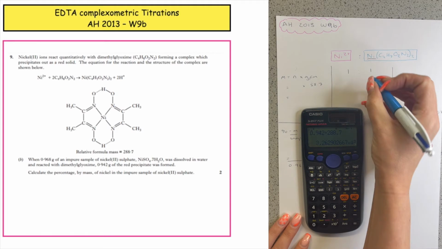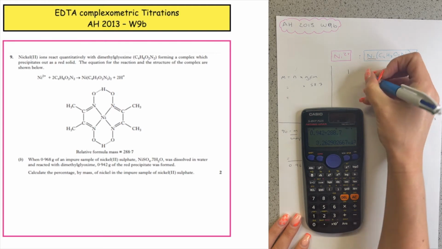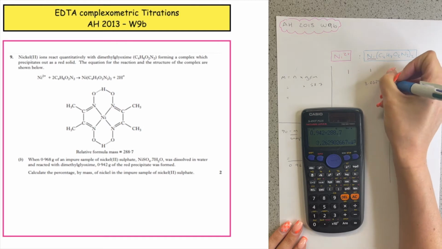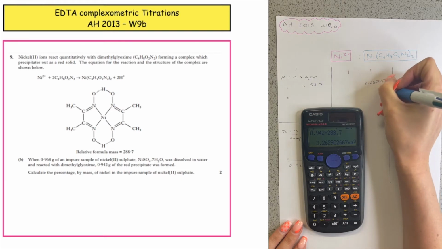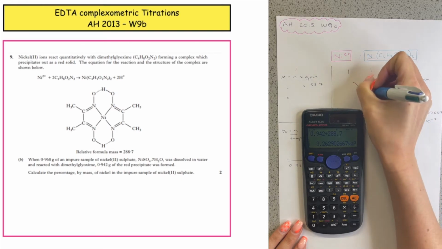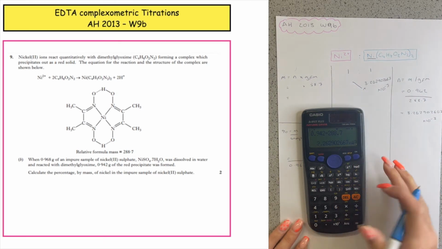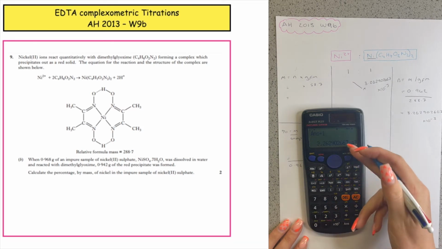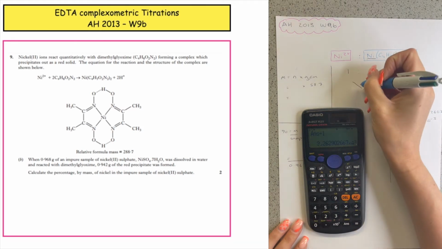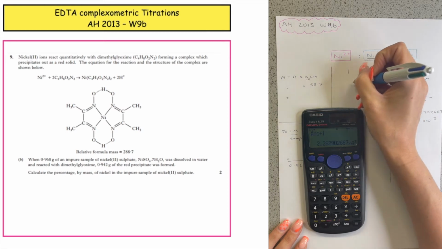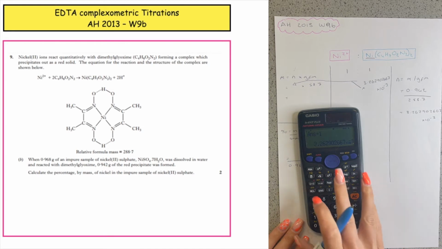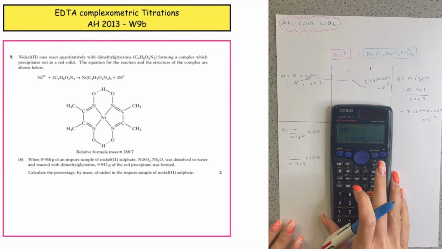I'm going to pop that underneath here, so I'll write that out again. 3.262902667 times 10 to the minus 3, and when I cross multiply that, it comes out as the same number of moles, because I would times by 1 equals divide by 1 from my mole ratio. What we would then do is transfer this number into our calculation to work out the mass of nickel.